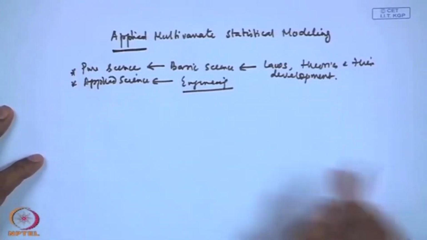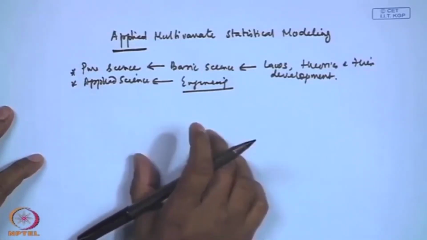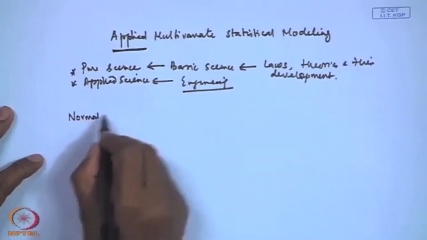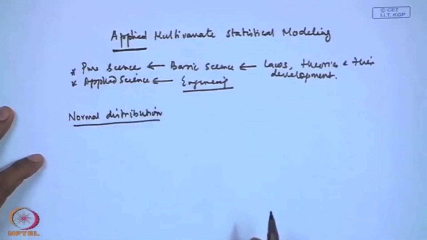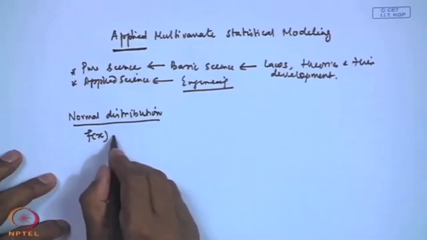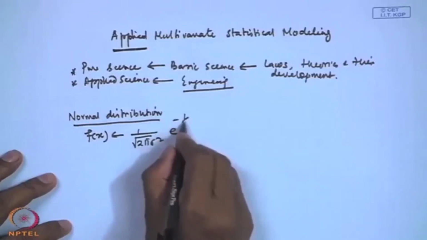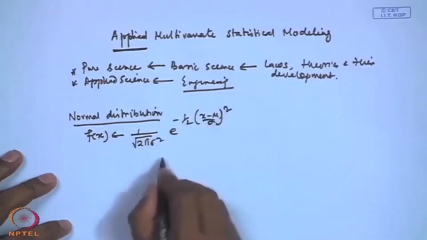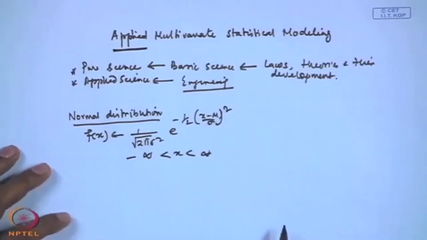I am assuming that you have knowledge of preliminary basic statistics, for example normal distribution. If you know normal distribution, then you also know the probability density function f(x), which is 1 by root over 2 pi sigma square, e to the power minus half, x minus mu by sigma, whole square, where x varies from minus infinity to plus infinity.